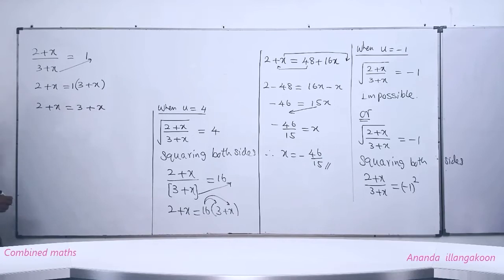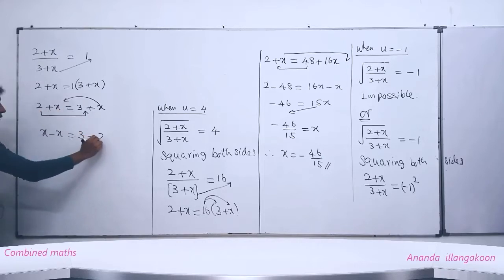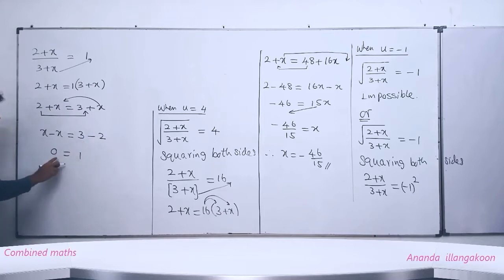Now I can bring this x to this side. x minus x coming, 3 minus 2 coming. x minus x means 0. 3 minus 2 is 1. 0 equals 1, we get.